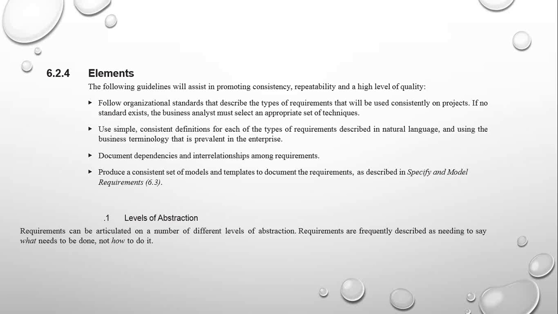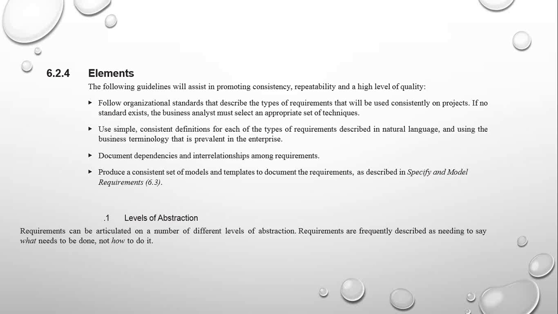Outside of that, document dependencies and interrelationships among requirements. We must understand that dependency could be anything. Dependency could be that all the failed records cannot be processed if you do not have the workflow to process them. That's a dependency, and that's a documented dependency. Same goes for the interrelationship among requirements.